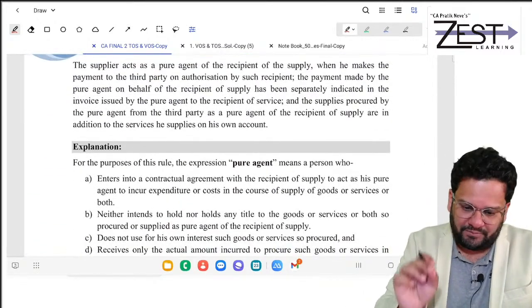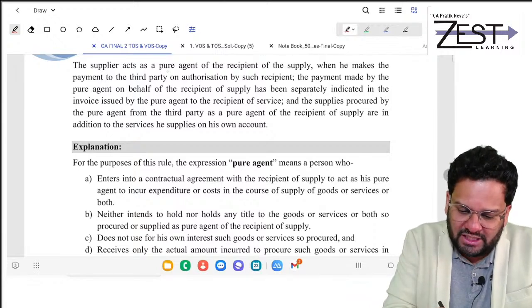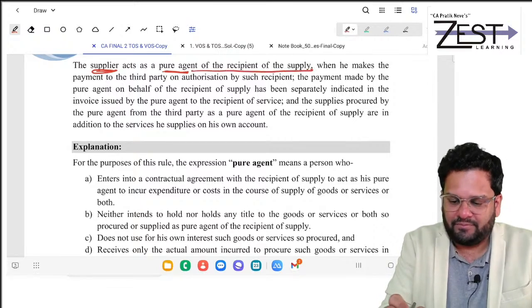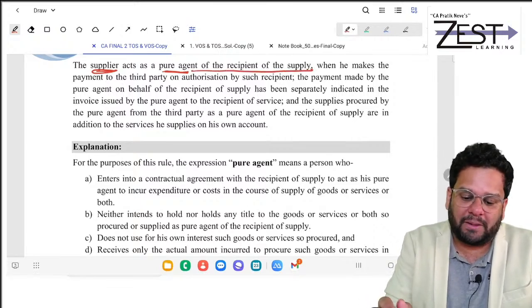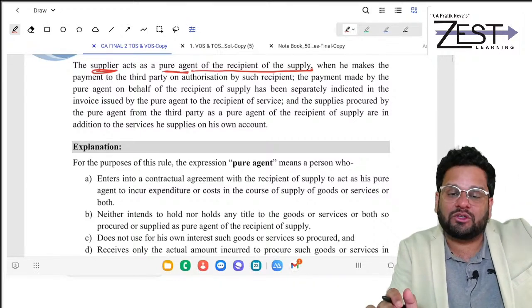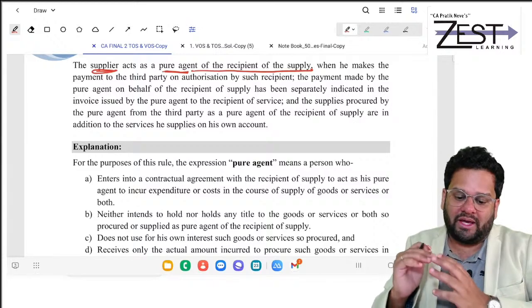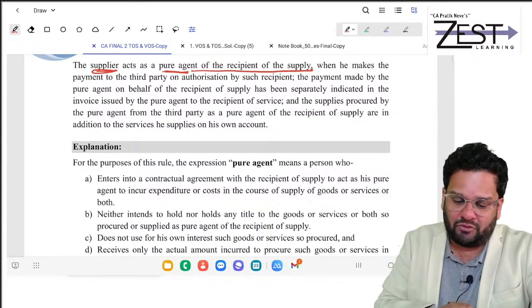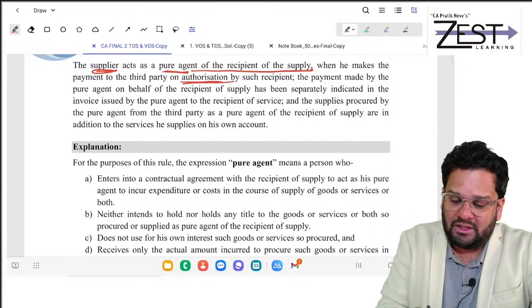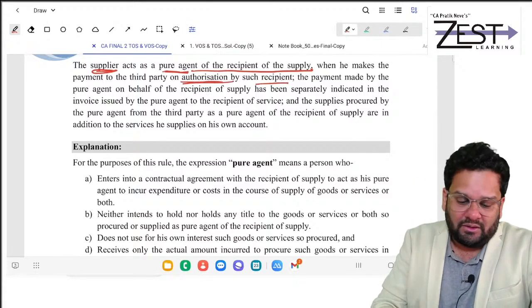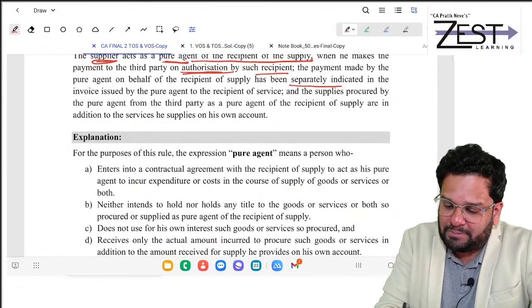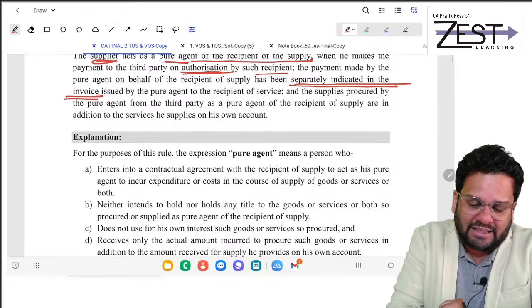Is it clear? It shall be excluded from the value of supply if all following conditions are satisfied, namely, what conditions? Supplier acts as a pure agent of recipient of supply when he makes the payment to a third party. Third party, in our example, government. Advance tax was paid to government, okay, on behalf of recipient of supply on authorization. Who gave authorization? Client gave authorization. The payment made by pure agent on behalf of recipient of supply has been separately indicated in the tax invoice issued by pure agent to the recipient of service.